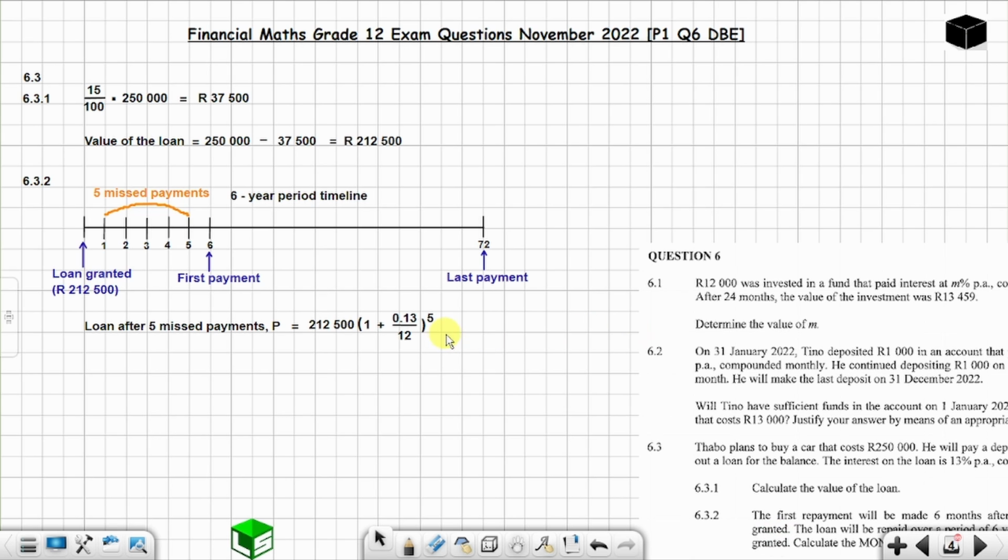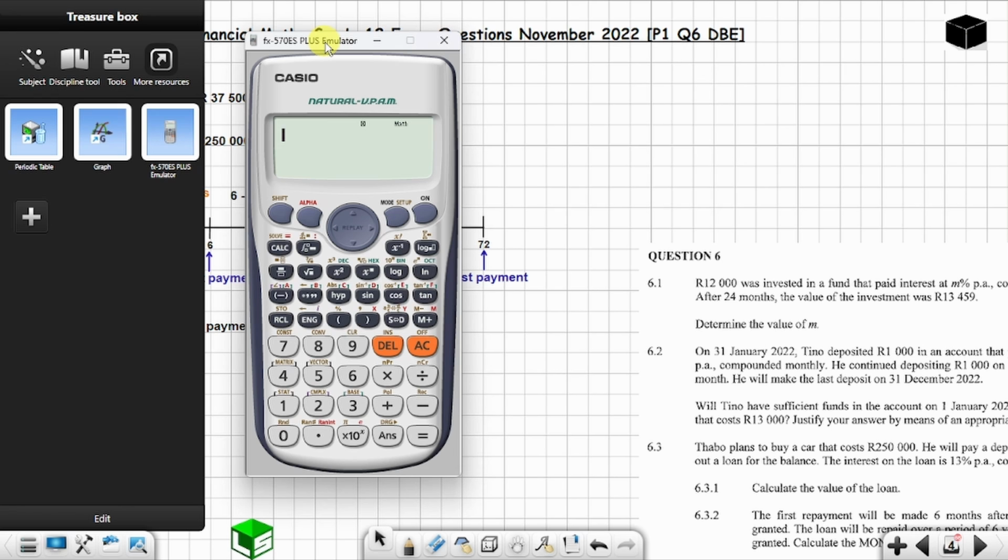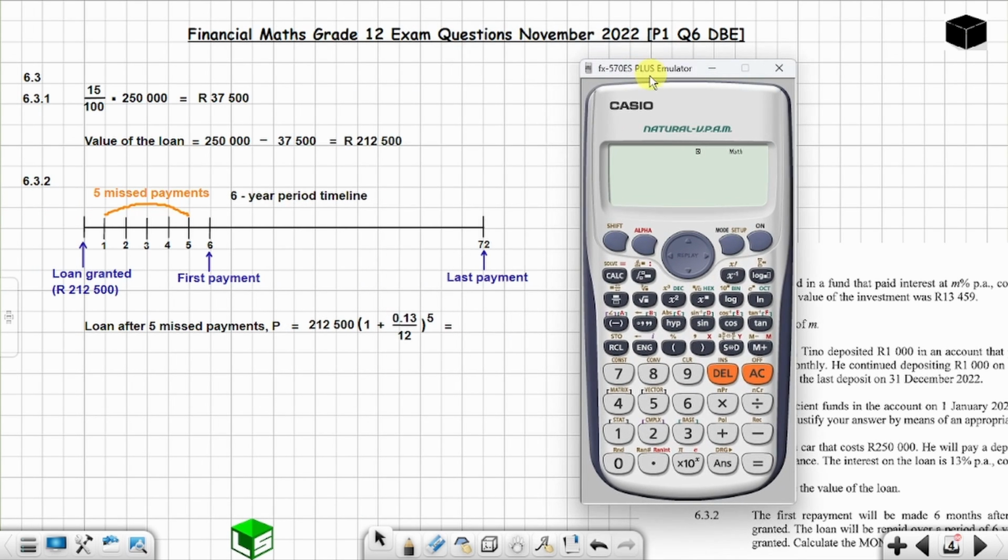Now, when you plug this in your calculator, you have 224 262 rand 53 cents when you round off to 2 decimal places.